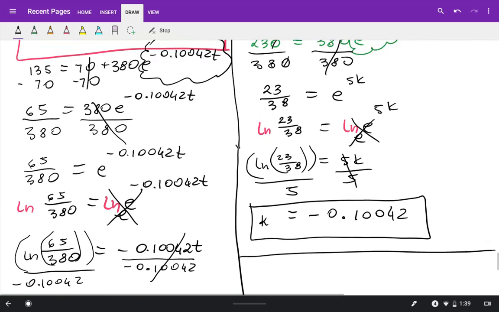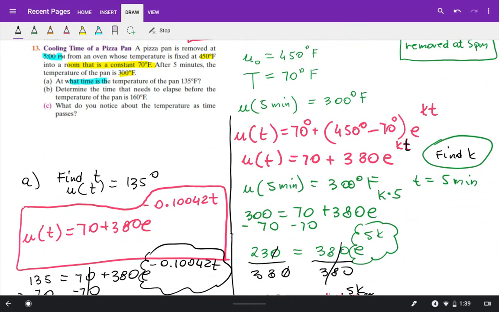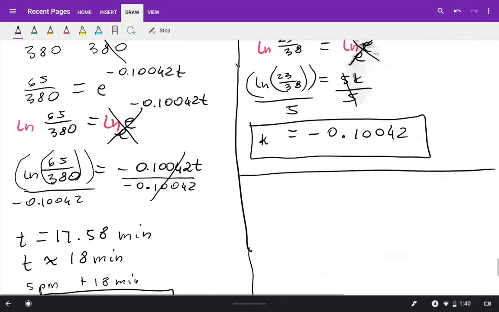Let's talk about part B. In B, they ask you to find the time that needs to elapse before the temperature of the pan is 160. You will do the same thing for B. You have to find the time when the temperature of the pizza pan is 160. So you will solve exactly the same way.